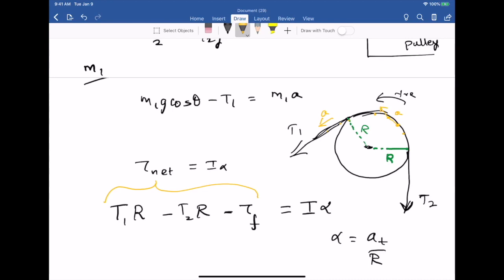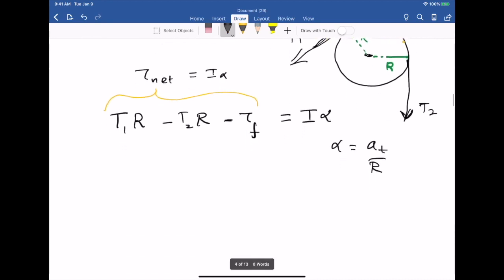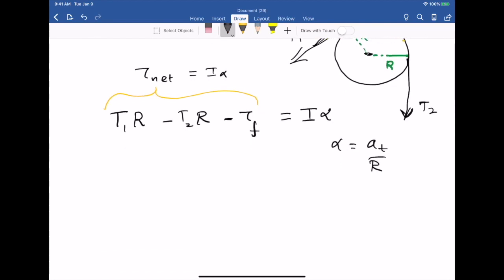The relationship we learned back in chapter 9 was A tangential divided by R is alpha. A tangential is just A here, so alpha is equal to A divided by R. We can plug that into this equation and get rid of the alpha. So T1R minus T2R minus tau F is equal to IA divided by R. Okay, so this is our third equation.